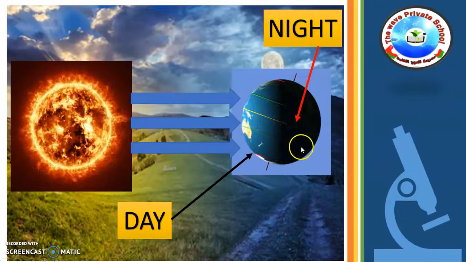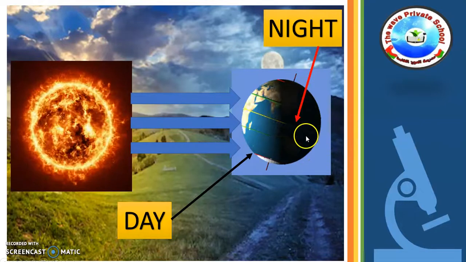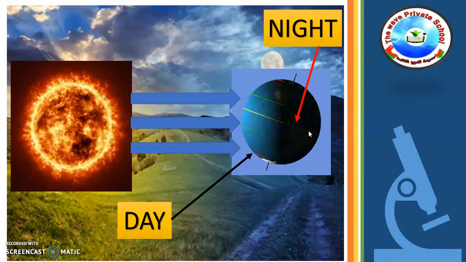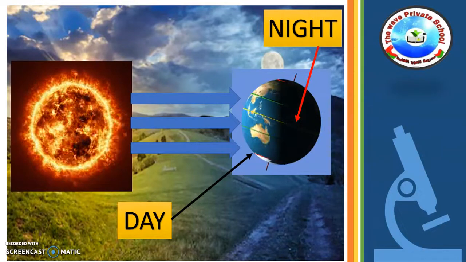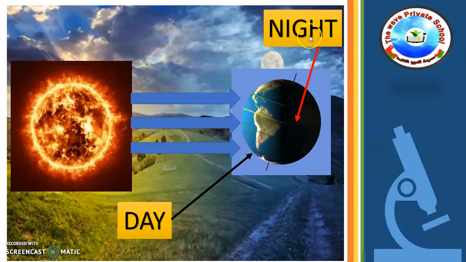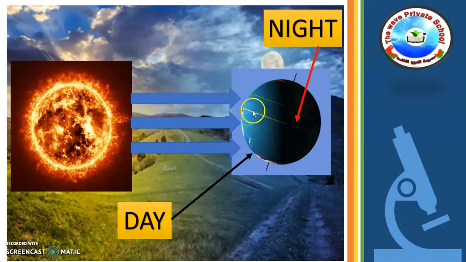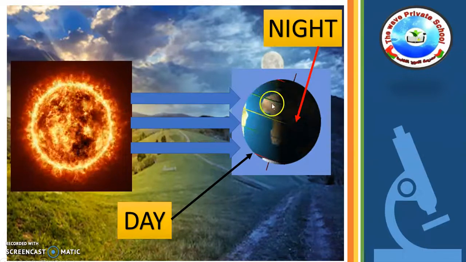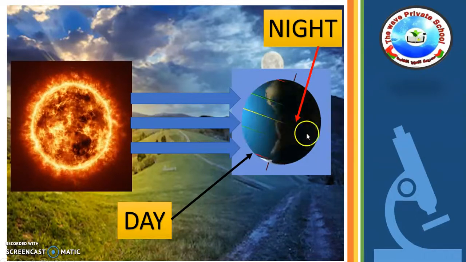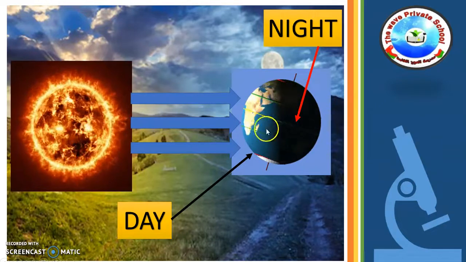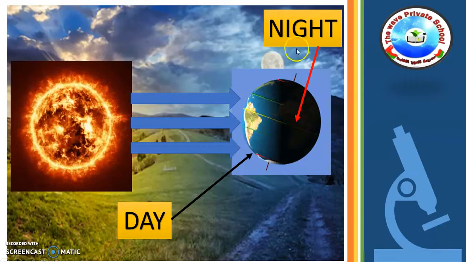Yes, this part of the Earth will have nighttime. So now, boys and girls, what causes day and night? Yes, the spinning of the Earth on its imaginary axis causes day and night.